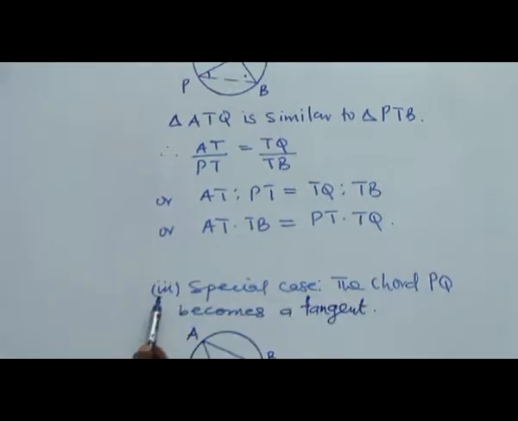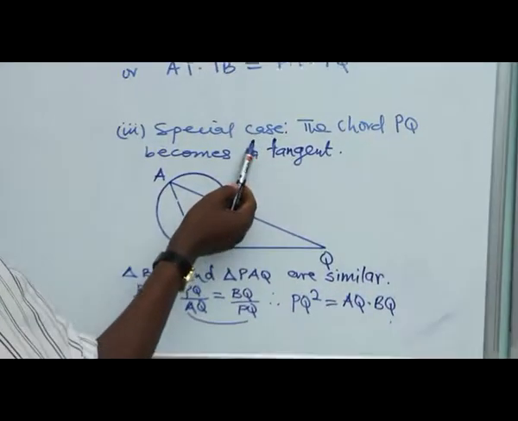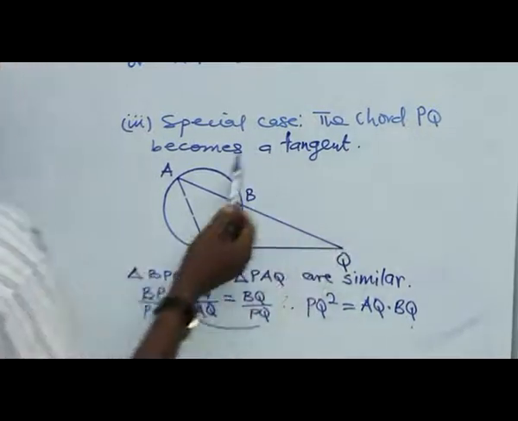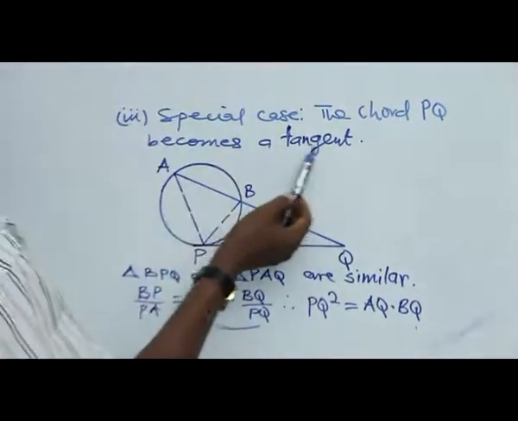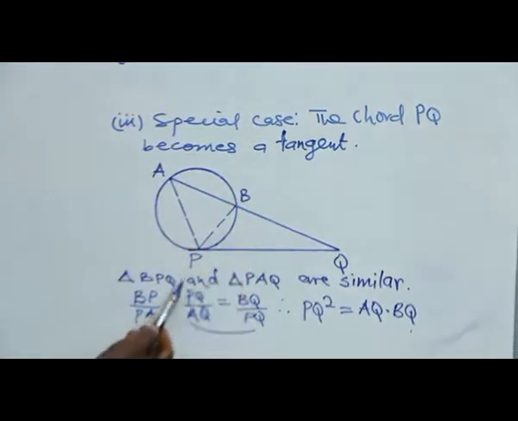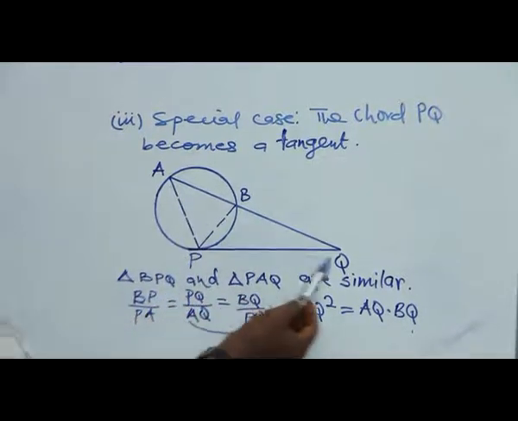We have a third case, which is a special case. And this third case is the chord PQ becoming a tangent. So in this case, the chord PQ becomes a tangent. Now, if you look up, you have your PQ in the second one becoming a tangent here.